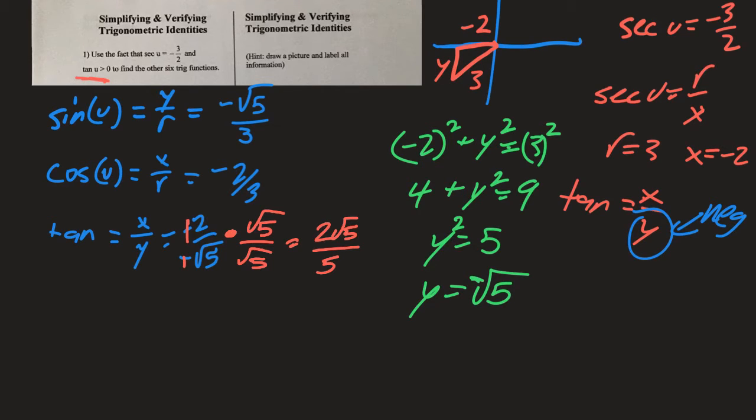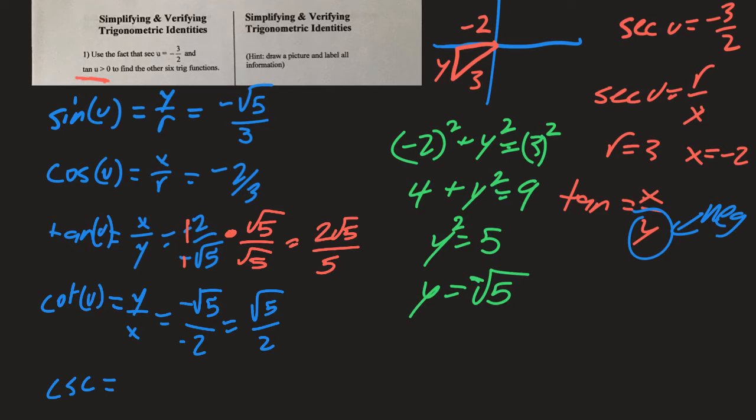So 2 more left that we don't know. We've already gotten the secant, so that one's free, okay? And we're going to do cotangent of u, which is x over y. So it's just like the tangent flipped over. So we've got -2 over negative square root 5, or just 2 over √5. And the last one that we don't know, the cosecant, is going to be r over y. So we've got 3 over -square root 5.